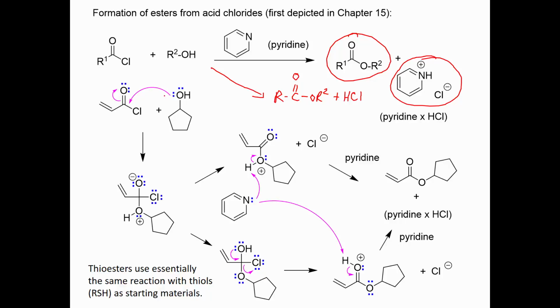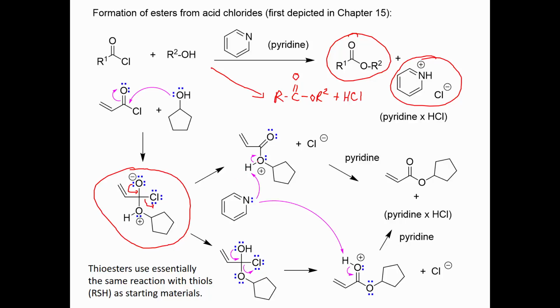Our alcohol adds to the carbonyl group, and I'm keeping it as protonated because even if pyridine were not present, you'd still get a reaction. Okay, this gives us a tetrahedral intermediate. All right, we can write two mechanisms at this point. In mechanism number one, I'm going to just go ahead and expel chlorine this way.